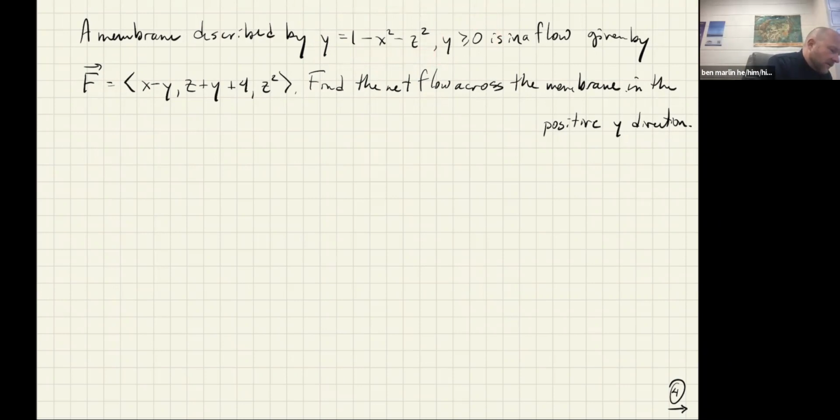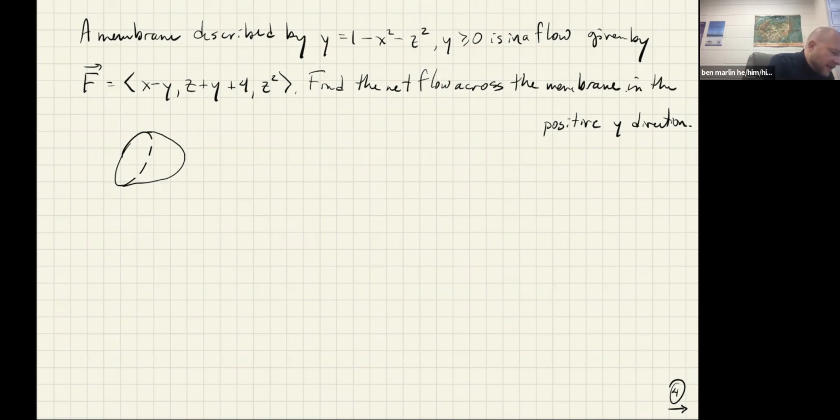If you wanted a graphic representation here, we would have something like that. I don't know whether I can make hidden lines here or not. So you've got a membrane that looks somewhat like that.